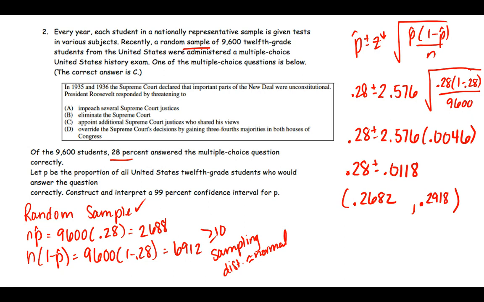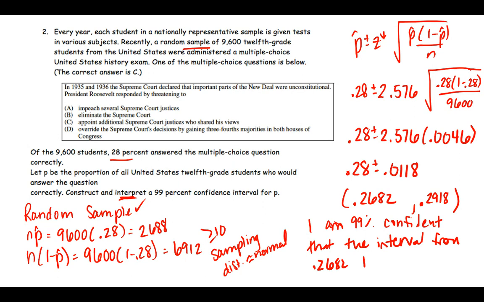So to conclude in context here, I would say, this is my interpret part, I am 99% confident that the interval from 0.2682 to 0.2918 contains or captures the actual proportion of students who correctly answered the question.